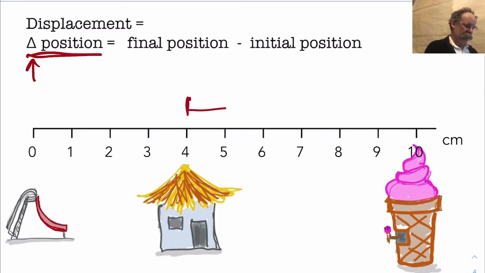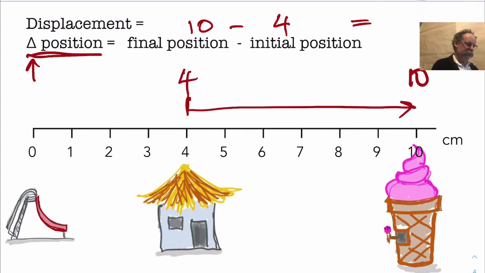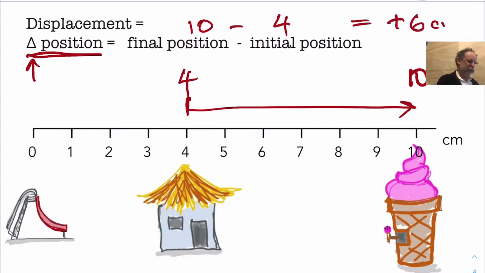She starts at 4, she goes to 10, our ending place is 10, our starting place is 4, we take the final position, 10, we subtract the initial position, 4, and we end up with a displacement of positive 6 centimeters. So that's the other way of thinking about displacement. Change in position. Final position minus initial position.